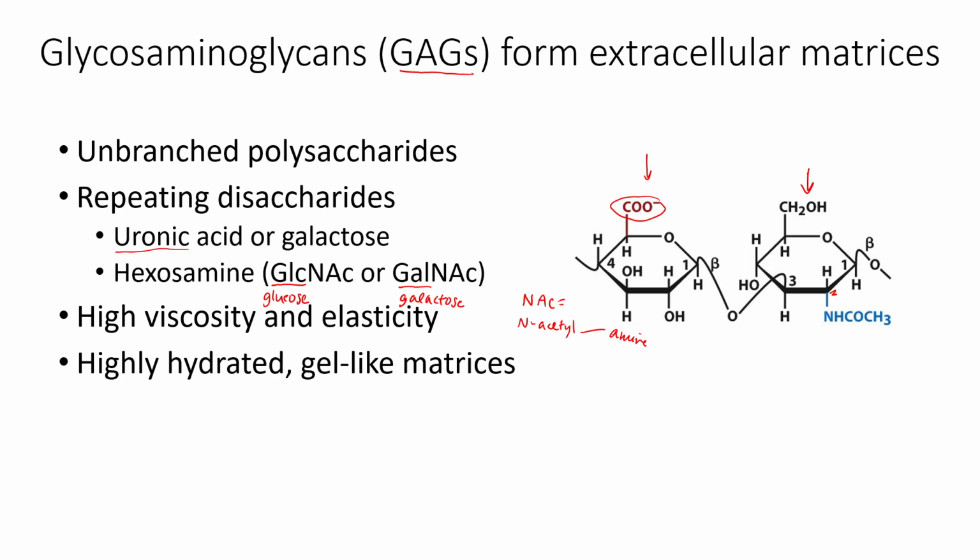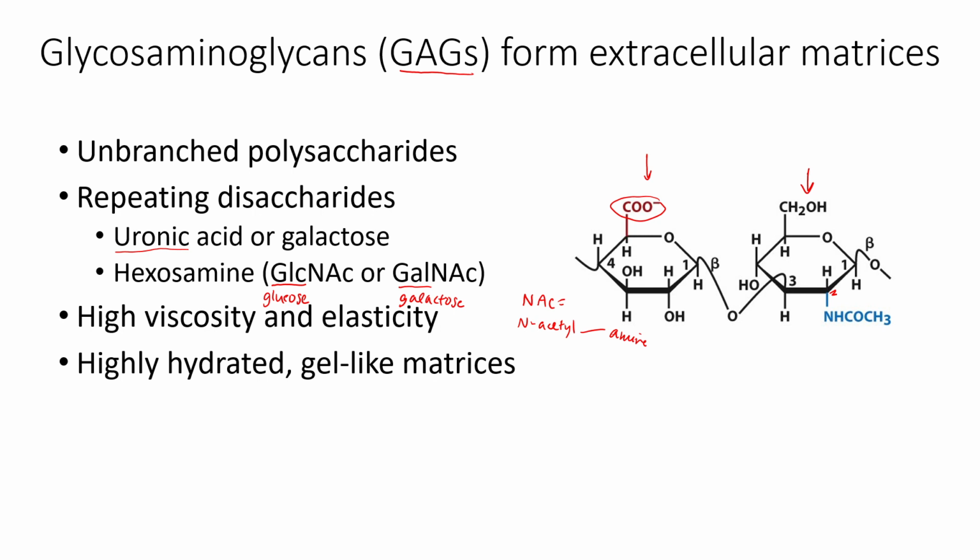So what are some properties of GAGs? Because they have all of these charged and polar groups all over them, they really like to interact with water. This can make them really viscous because they take on water and get nice and gloopy. They also have the property of elasticity. Because they really like interacting with water, they are compressible, since you can compress them and remove some of the water.